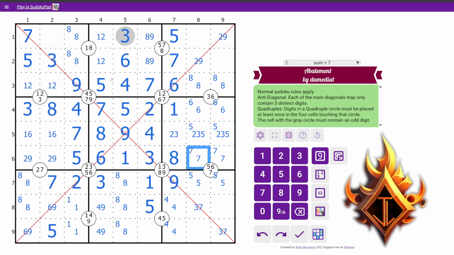And this has a 4 with it. 4, 7. So that means the 6 goes down here with the 5. What's left is a 9 for there, which means the 3 goes up here with the 8.